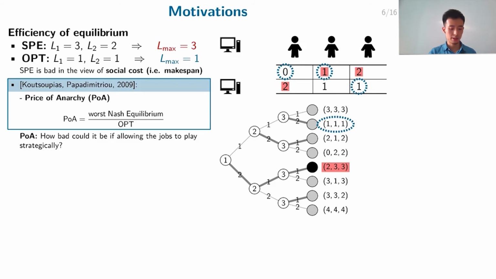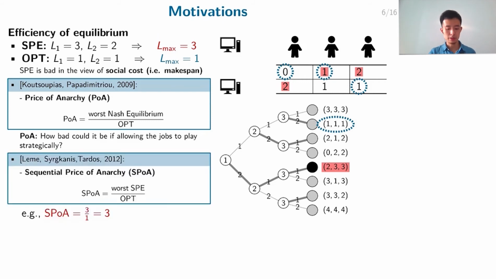As the price of anarchy is built for Nash equilibrium, the notion is also extended to sequential games, called the sequential price of anarchy. That is the worst social cost of a subgame perfect equilibrium divided by the social optimum. In this example, we can see the sequential price of anarchy is 3.